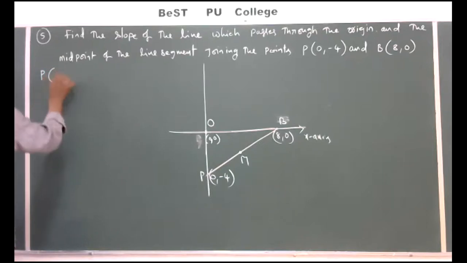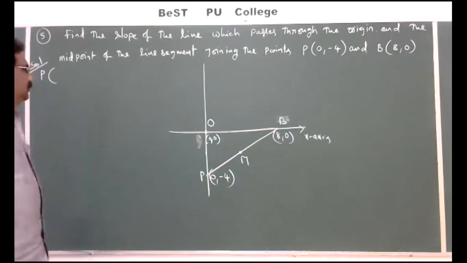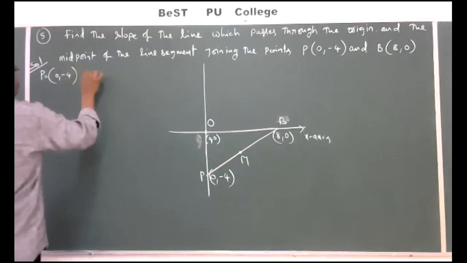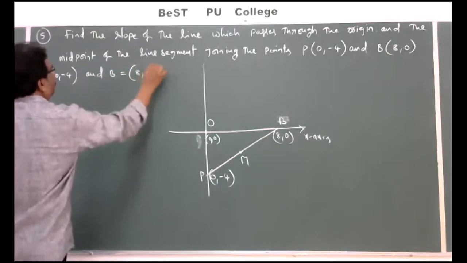So, solution. Draw this figure. Given P is equal to (0, -4) and B is equal to (8, 0).